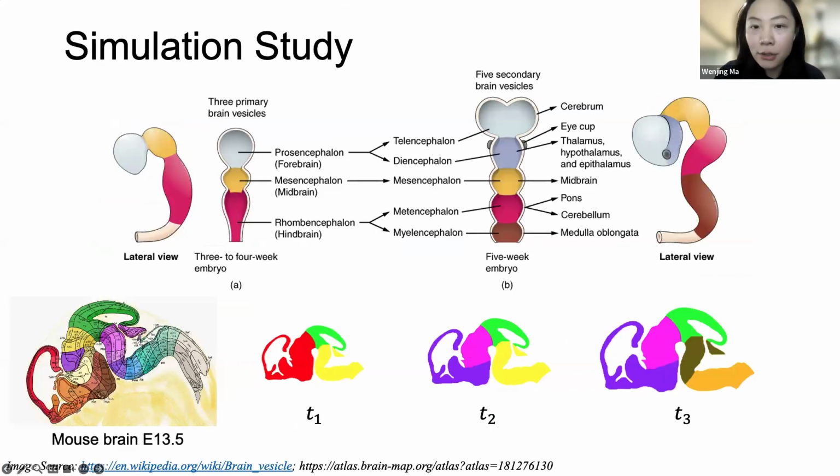Here I would like to show you a simulation study where we obtain this kind of structure from the Allen mouse brain at embryonic stage 13.5, where annotations for different brain regions are given. So I directly use that. I perform some image analysis to extract those boundaries, those domains, and then I simulate the procedure of three brain vesicles emerging into five along the time trajectory.